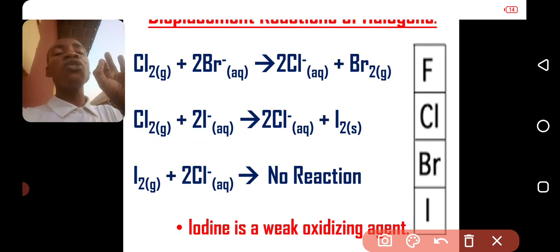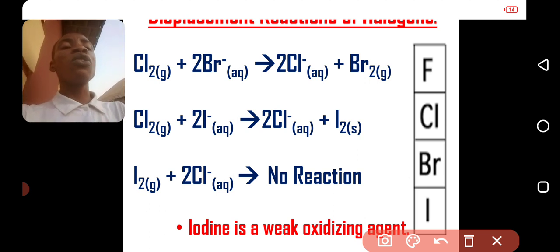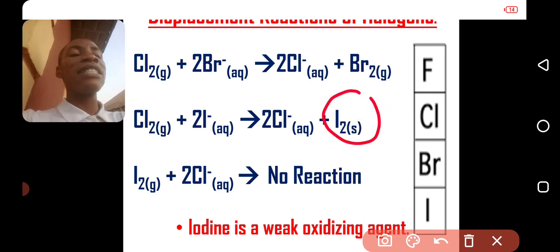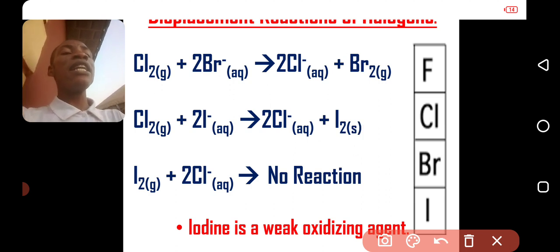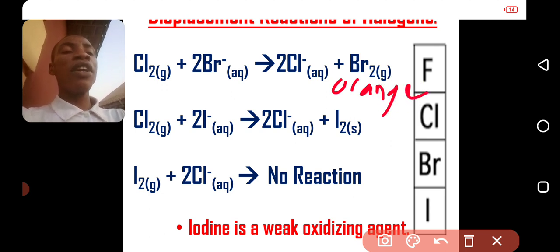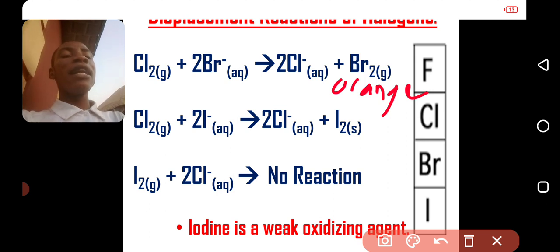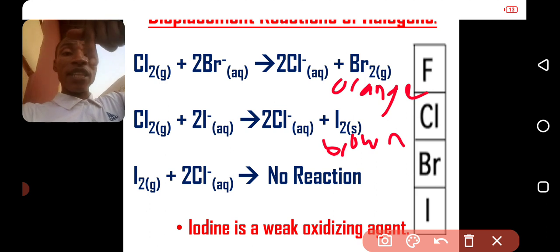So chlorine gas can displace iodine from its ion to give us a chloride ion, and iodine will dissolve inside the water to give us a brown or orange coloration. That's how you know that the reaction has taken place.